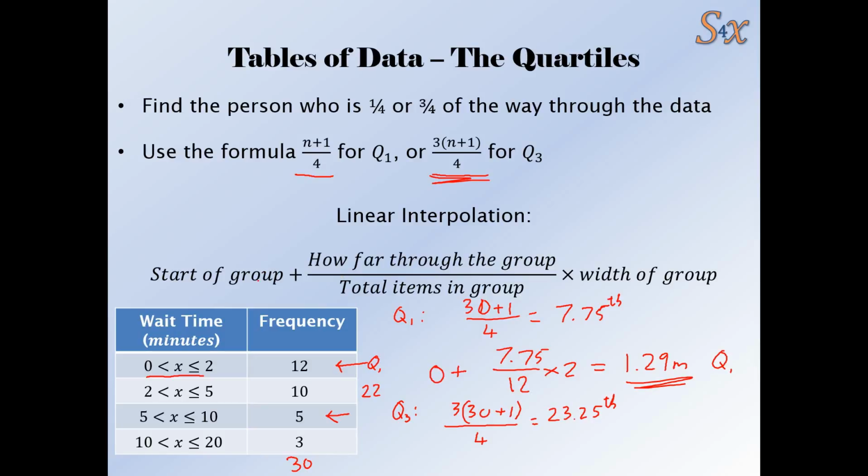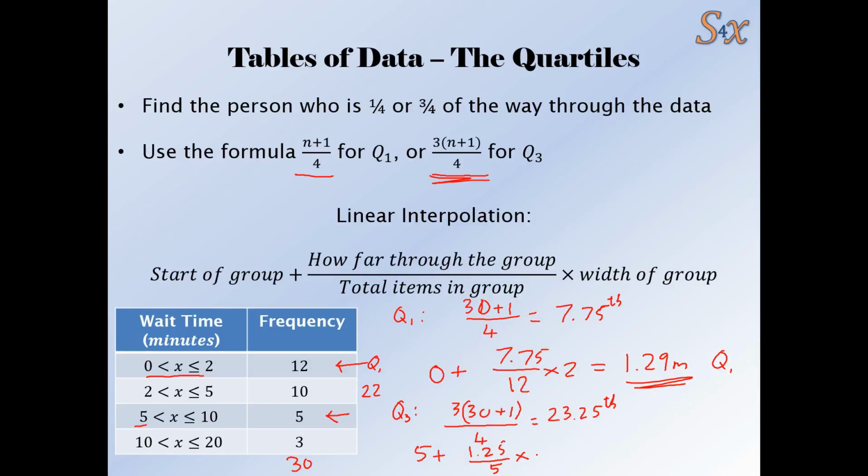So we apply the linear interpolation formula. In that third group, the start of the group is 5 minutes. I add on how far through the group I want to go. I'm already 22 people through when I get to the third group, and I want 23.25. So I need to go another 1.25 people through. I divide that by how many people there are in that group, which is 5 people, and then multiply by how wide that group is.